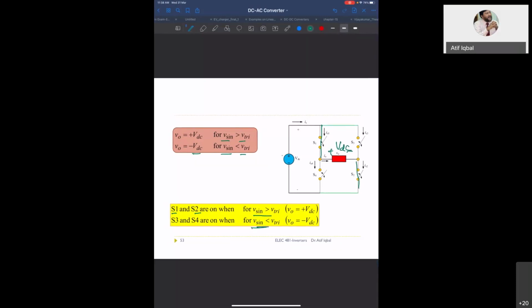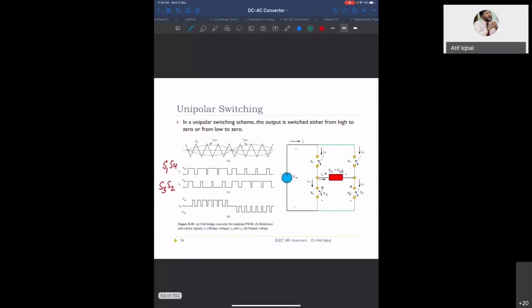When your sine wave is less than the triangle, then you get minus VDC, by switching on S3 and S4. So this is PWM, pulse width modulation, bipolar.